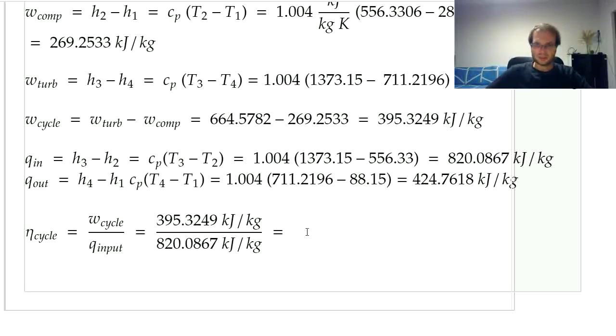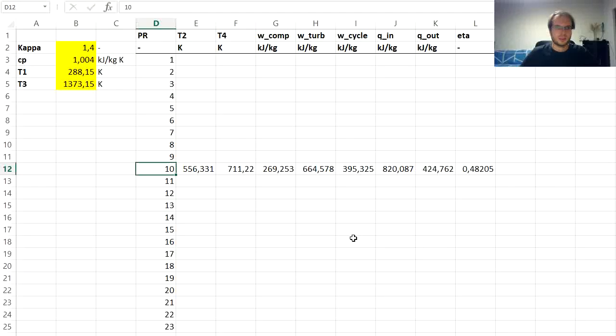And we will get the efficiency of the ideal Brayton cycle with pressure ratio of 10 being 0.4825. So 48%.